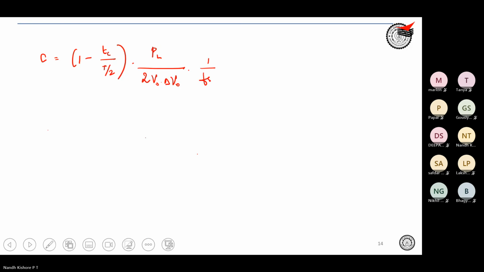So now the point is, the capacitance value is going to be 1 minus TC by T by 2 into PL divided by 2 V naught into delta V naught into 1 by Fs.